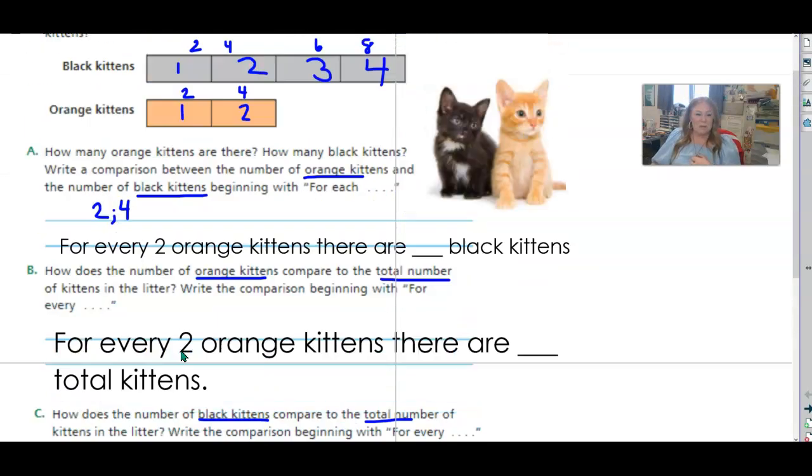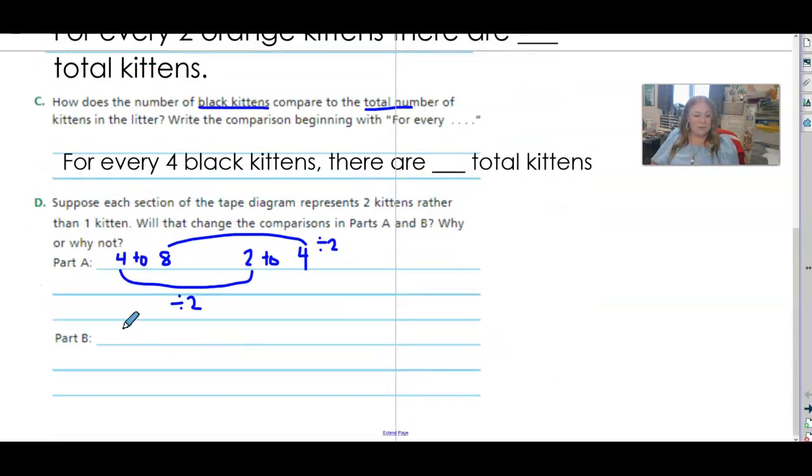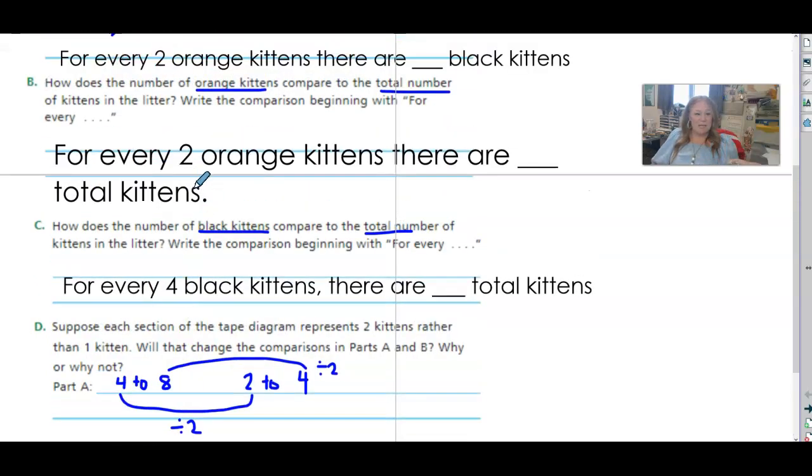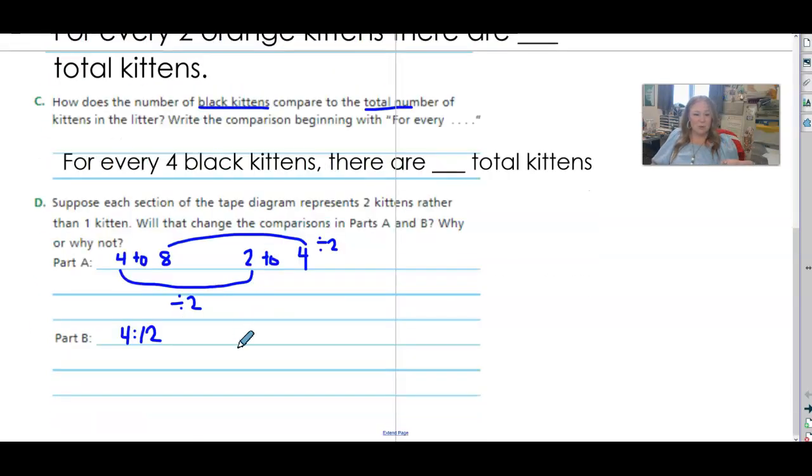So now B wanted us to compare orange to the total if each of the boxes represented 2. So now we have 4 out of 8 plus 4 is 12. So this time we had 4 orange ones to 12 total kittens. And up here on B, there were 2 orange kittens, was our previous answer, out of 6.